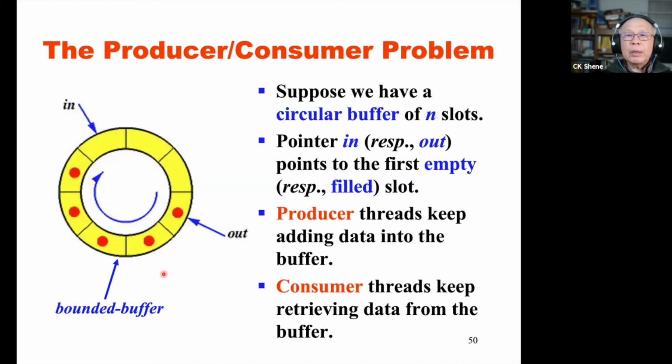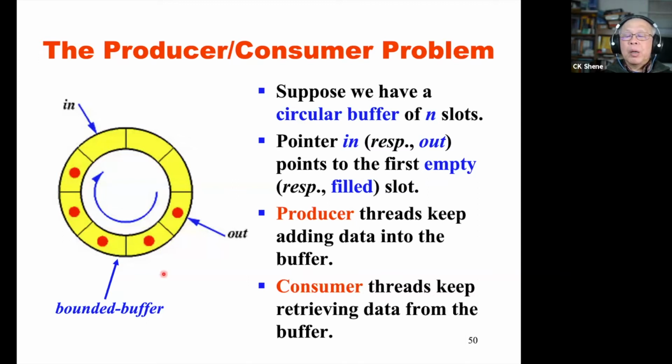So when you print, your program is a producer. The printer queue is the bounded buffer because there's a limited space. Then when you indicate which printer your file is going to be printed on, the printer server would become the consumer that takes a printed file stored in the printer queue and prints it to the indicated printer.